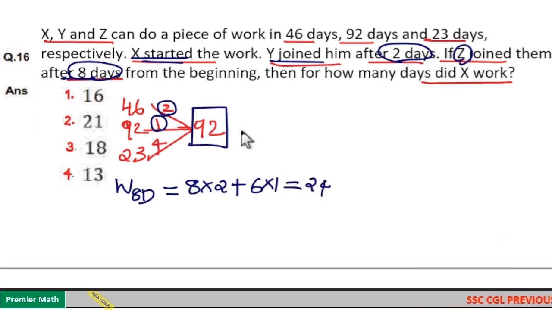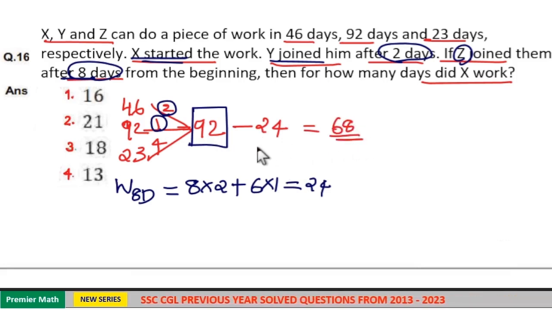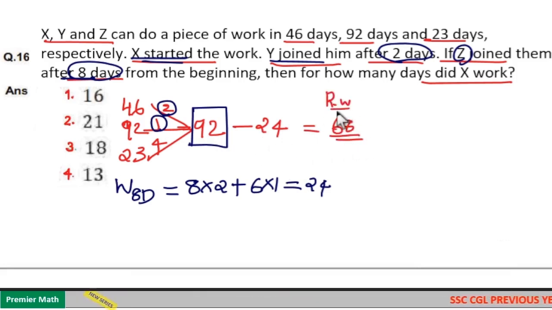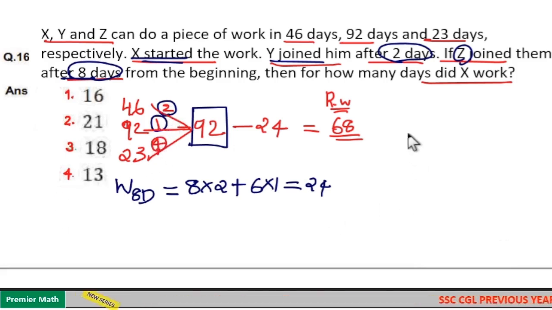So the remaining work is 92 minus 24 units, which is 92 minus 20, 72, 72 minus 4, 68 units. So the remaining work is 68 units, which should be completed by X, Y and Z. That is, in one day X, Y and Z can complete 2 plus 1 plus 4, 7 units of work.